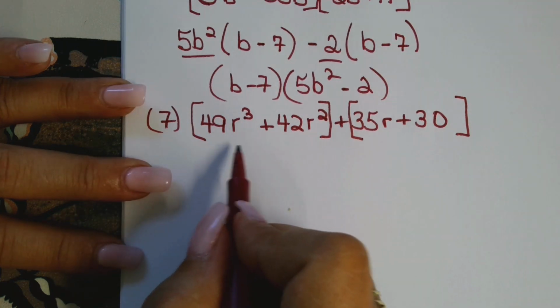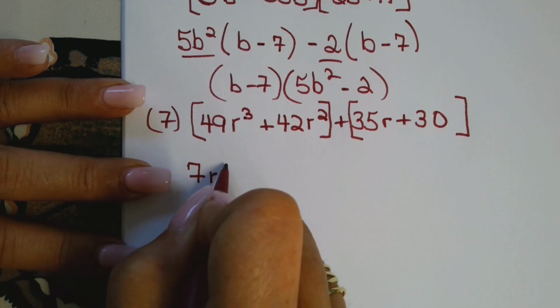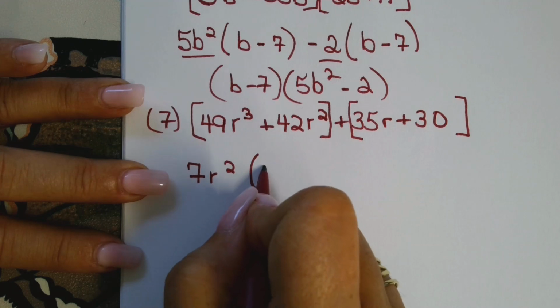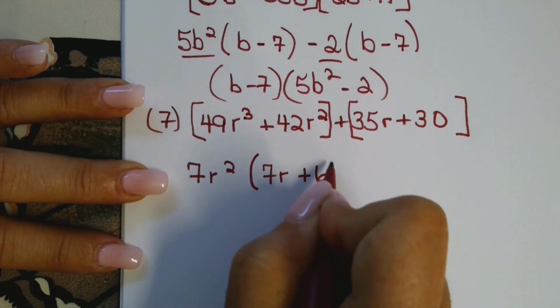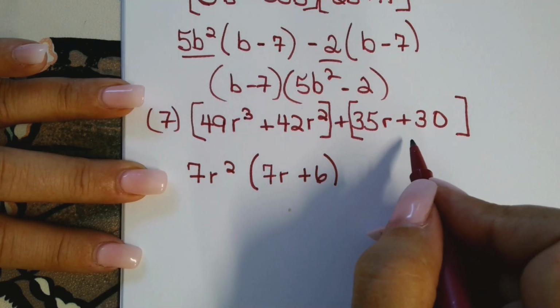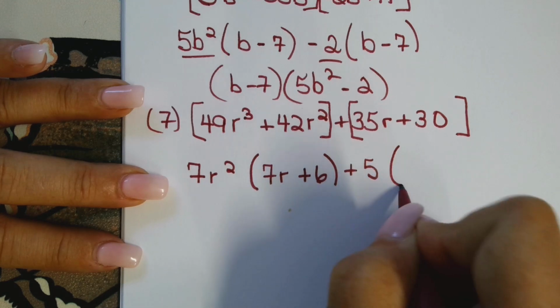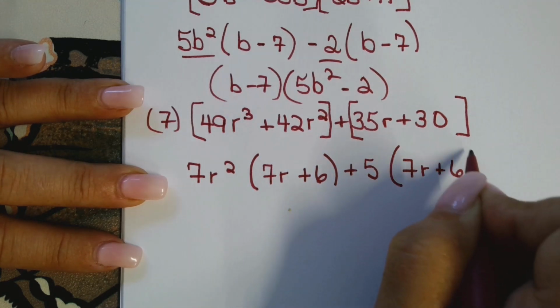So here I can pull out a 7r squared, and I'm going to be left with 7r plus 6. Over here, I'm going to pull out a 5, and I'll be left with 7r plus 6.